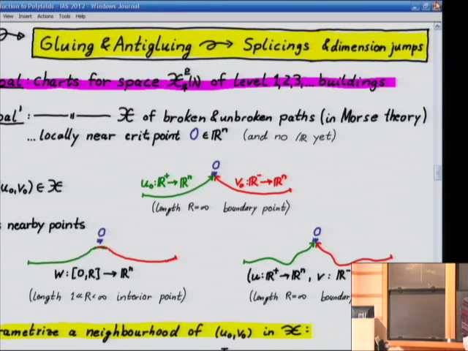And there are different kinds of objects nearby. There are unbroken paths, and these now just have a specified length because I had endpoints here. And there are broken paths where I just wiggled the path to 0 a little.